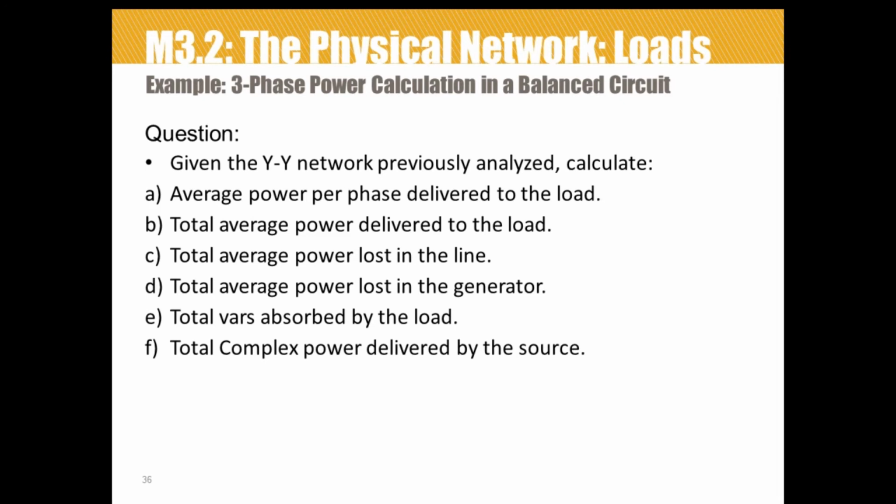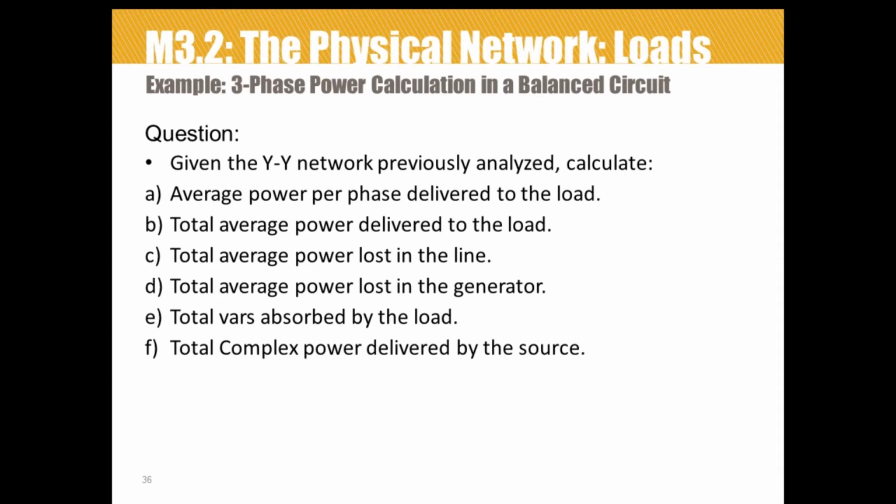All right. So what we'd like to do now is an example of three-phase power calculations for this balanced circuit. So we're going to take that YY network that we analyzed 2 examples ago, not the delta network, but the YY network, the original one. And we're going to just calculate it in terms of the power that it's consuming.